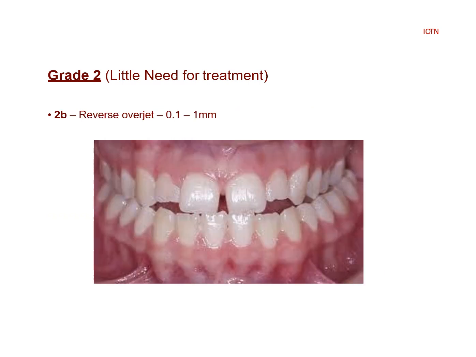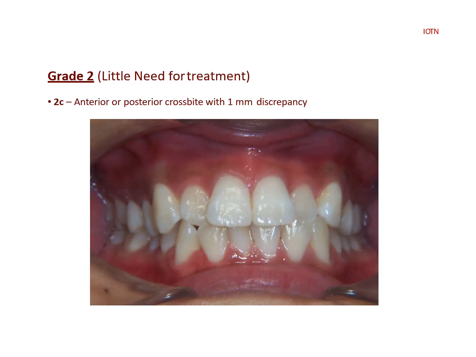Now 2B means reverse overjet of about 0.1 to 1 mm is seen. Now 2C means anterior or posterior crossbite with only a minor 1 mm discrepancy. That means little need for treatment.